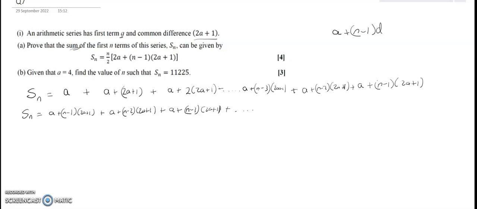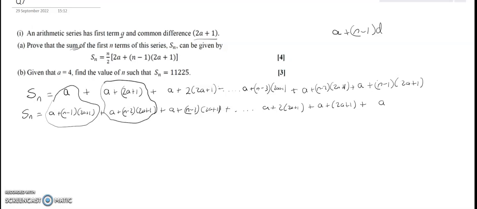Right, and then we've got the last three terms: a plus 2 lots of d, plus a plus d, plus a. And then we've got them in pairs, so we can add these two terms together, add these two terms together, add these two terms together, etc.